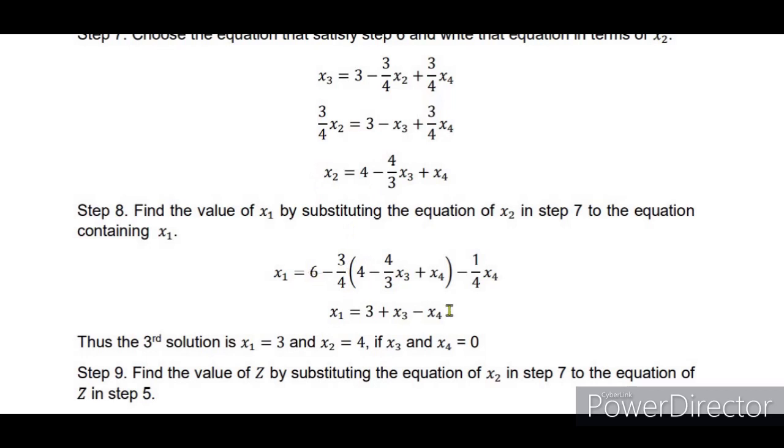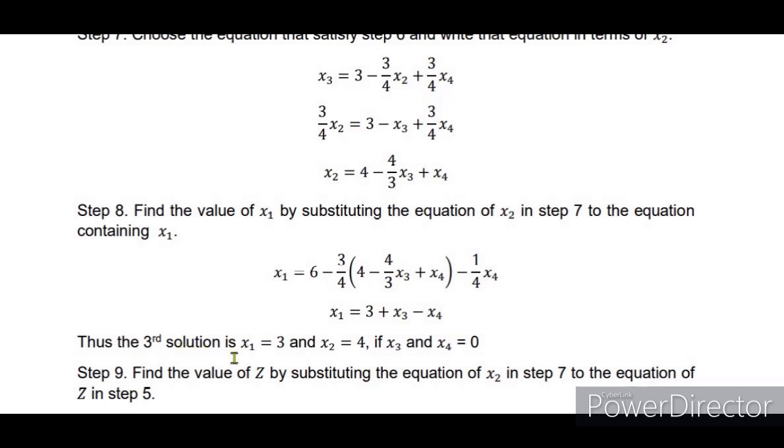So the resulting equation will be x sub 1 is equal to 3 plus x sub 3 minus x sub 4.